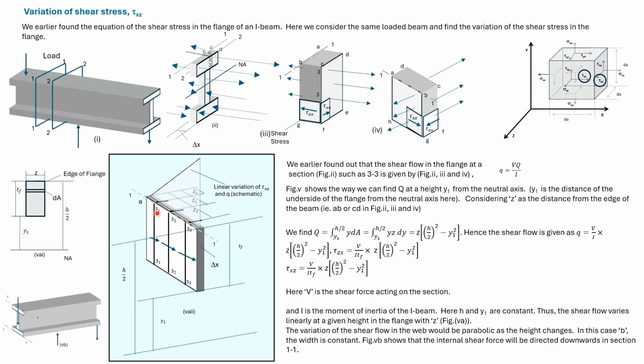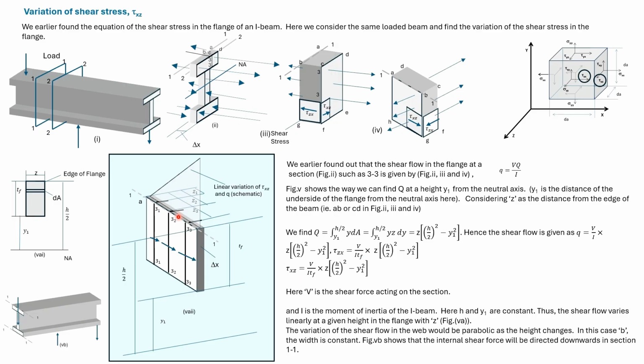Consider the section 3-1, 3-1. The corresponding Z is Z1. We take statical moment of this small area, and tau Zx is small. As such, around the corner, tau xz is also small.